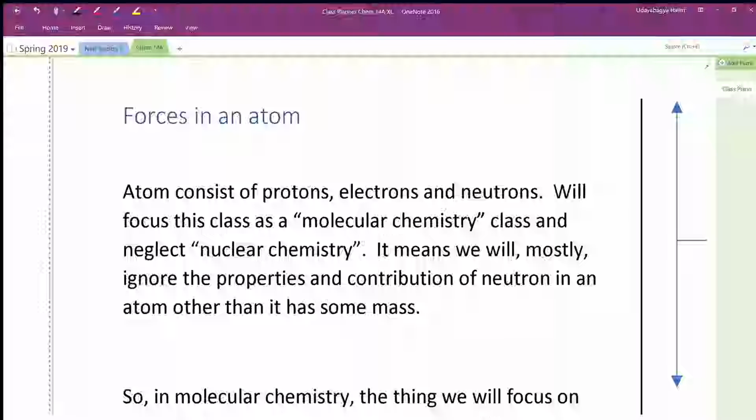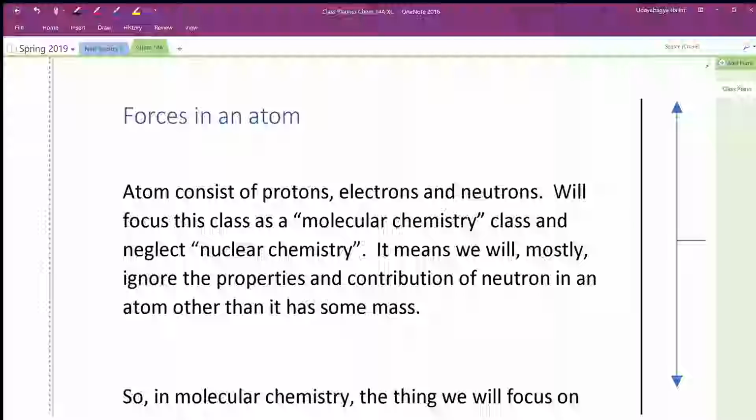So that's the reason the chemistry on Mars is pretty much the same as the chemistry on Earth, or even on the surface of the sun. As long as the electrostatic interaction is about the same, the things that you get are about the same as well.